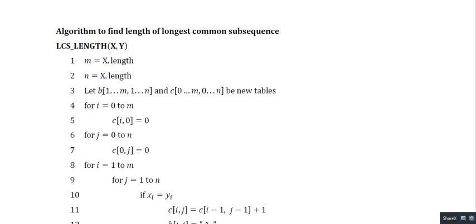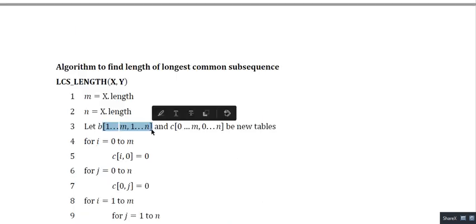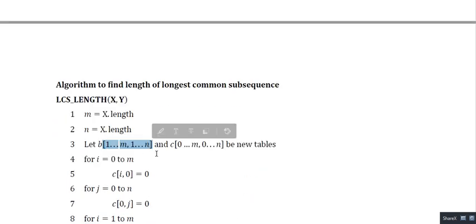Next, B is a matrix. This B matrix is helpful while finding our final optimal solution. No doubt this C matrix, the cost matrix, will give us the length of LCS.